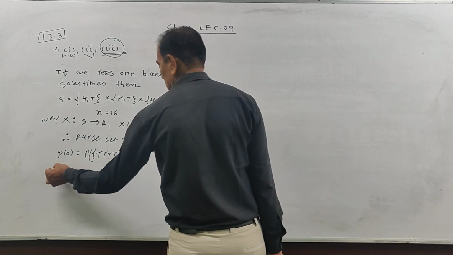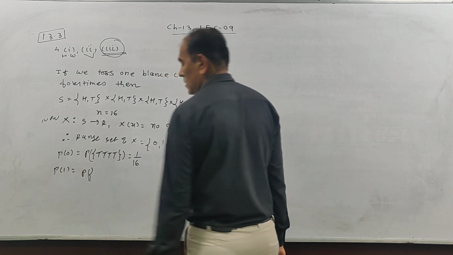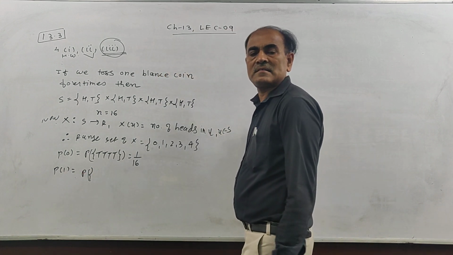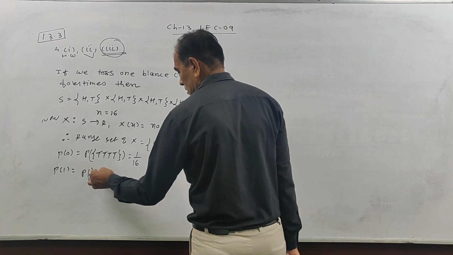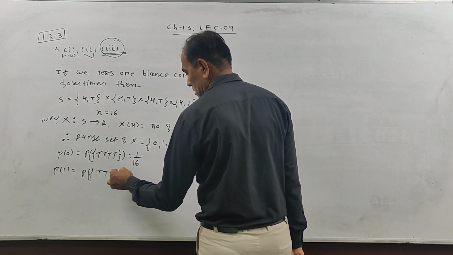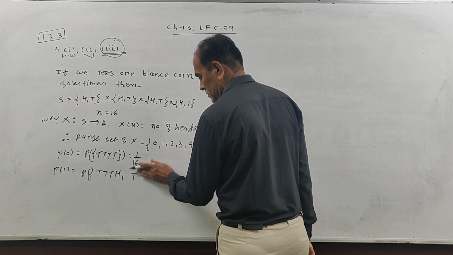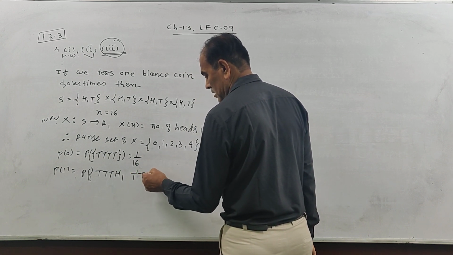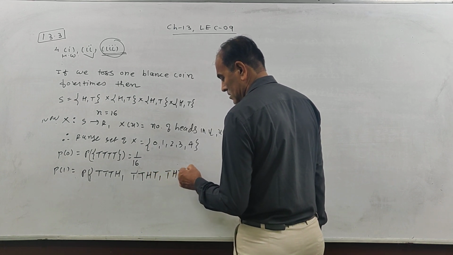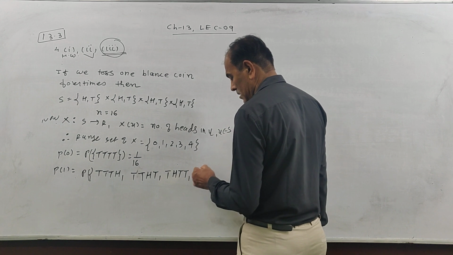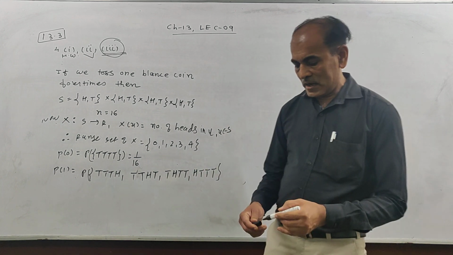Now let us see, 1 head. How many observations are there that consist of 1 head? T, T, T, H; T, T, H, T; and so on.